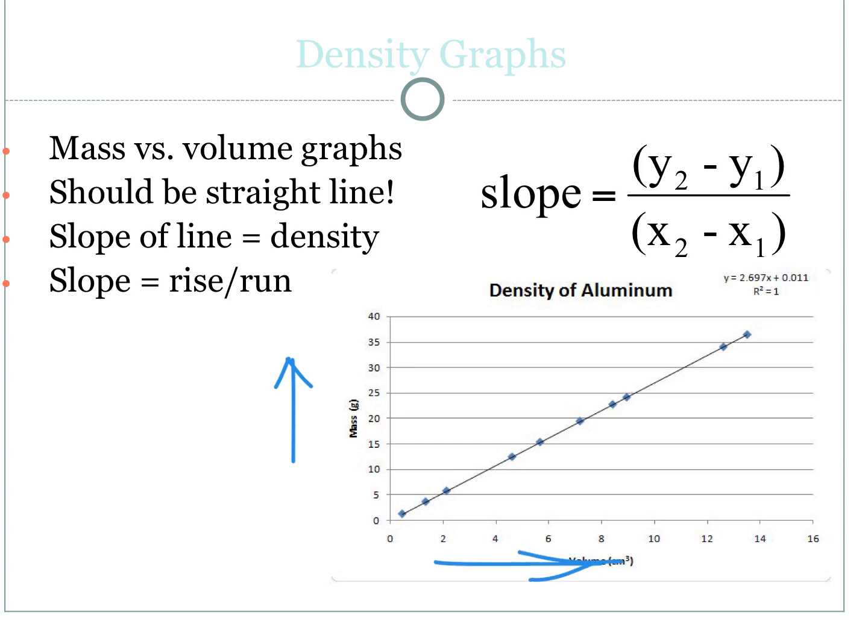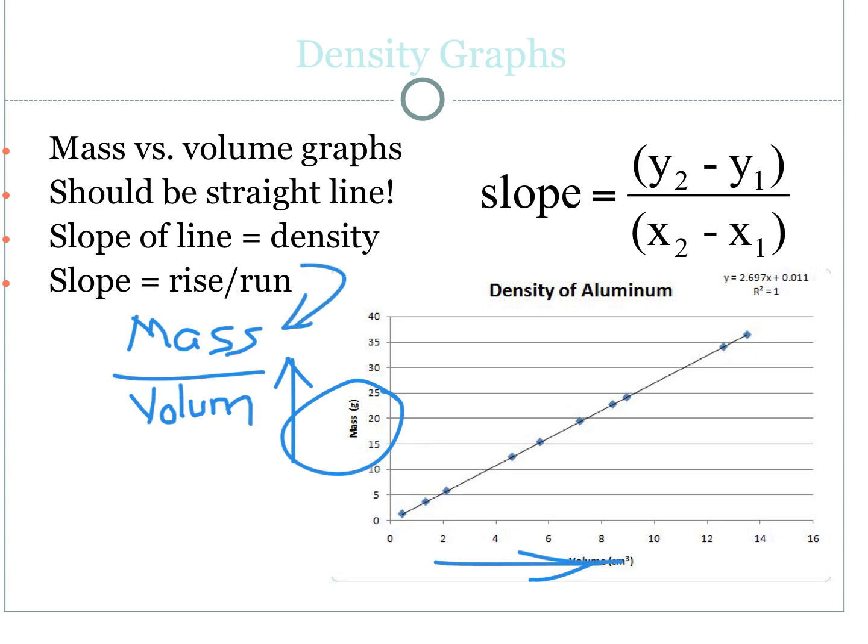So the slope is the y over the x, and if we have mass on our y, and we have volume plotted on our x, then the slope is mass over volume. That's density. Density is mass over volume. So the slope of a density graph is the density. That's why we call it a density graph.